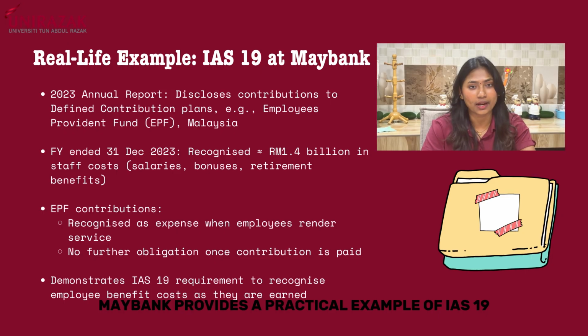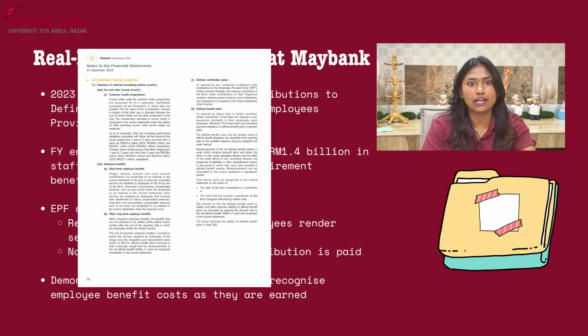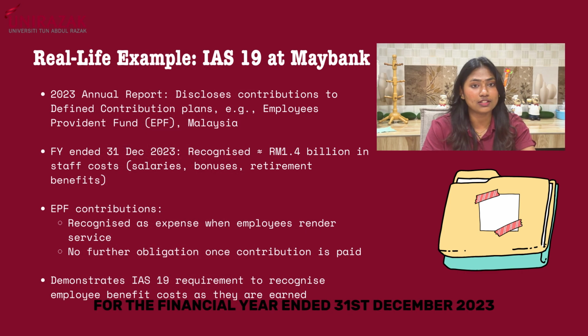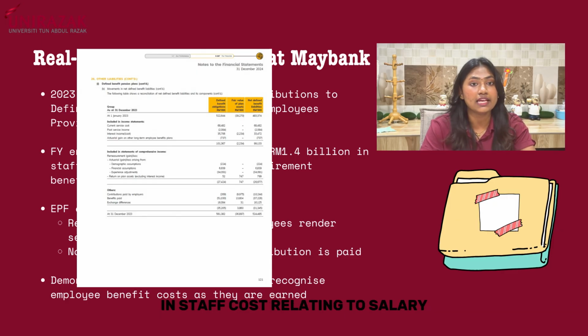Maybank provides a practical example of IAS 19 employee benefits. In its 2023 annual report, Maybank discloses contributions to employee defined contribution plans, including the Employee Provident Fund (EPF) in Malaysia. For the financial year ended 31st December 2023, Maybank recognizes approximately 1.4 billion in staff costs related to salary, bonuses and retirement benefits.